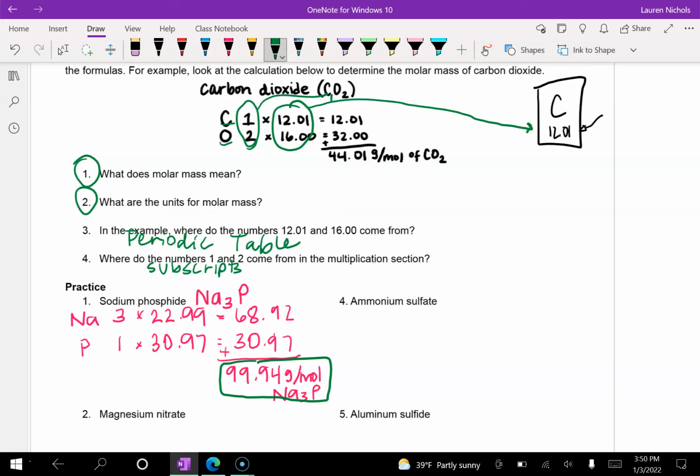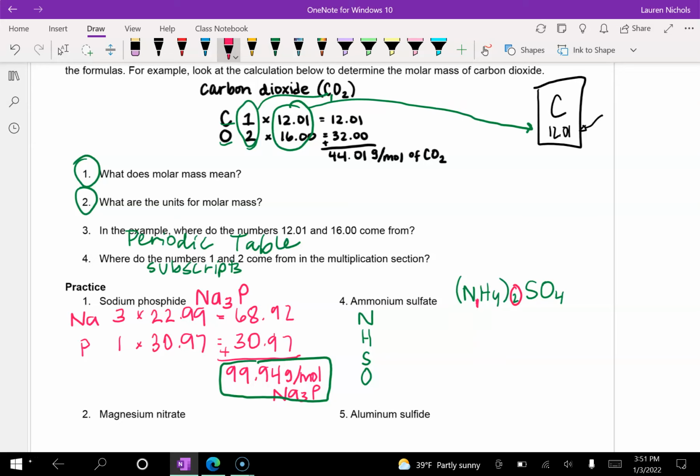Now, what if your chemical formula looks a little bit different? For example, ammonium sulfate is NH4 in parentheses with a 2 and then SO4. Here's what you need to keep in mind: we're going to split it up by capital letters. So we have N, we have H, we have S, and we have O. Now, inside the parentheses, I have 1 nitrogen and 4 hydrogens.